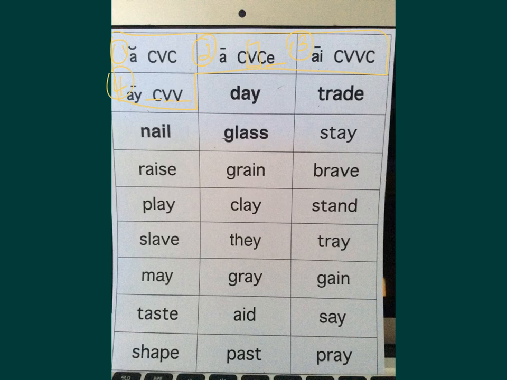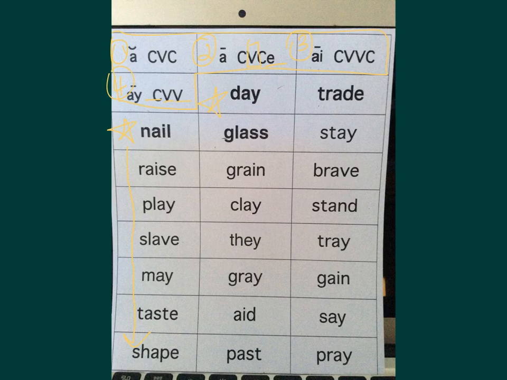So, I'm going to go through and I'm going to read to you the list of words. I always start in the first column here with the word nail, and then I'm going to read down each of the columns, and then we'll talk about our patterns. So our first word is nail, raise, play, slave, may, taste, shape.